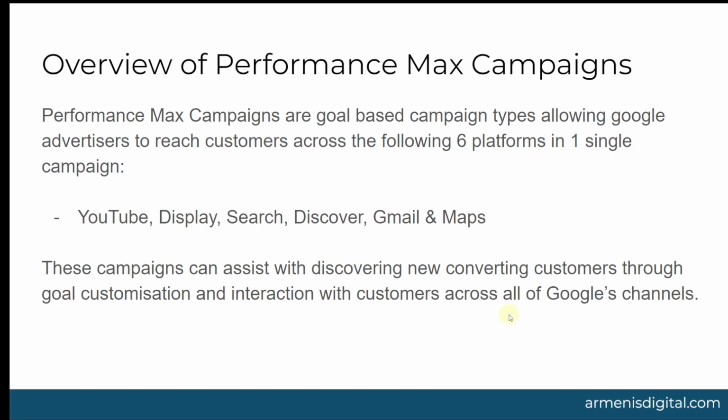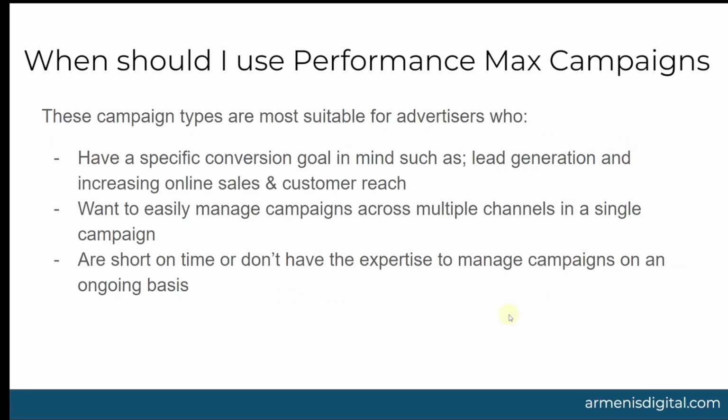So you're not going to have to manage multiple campaigns. These campaigns can assist with discovering new converting customers through goal customization and interaction with customers across all of Google's channels. So again, it is going to be harnessing Google's machine learning, artificial intelligence to find new customers and also remarket. So it does everything in just a single campaign.